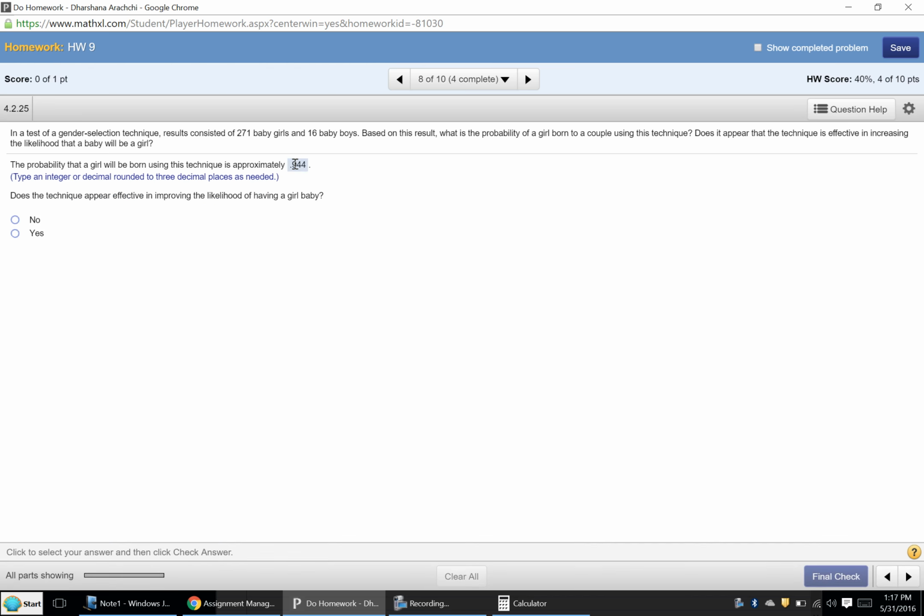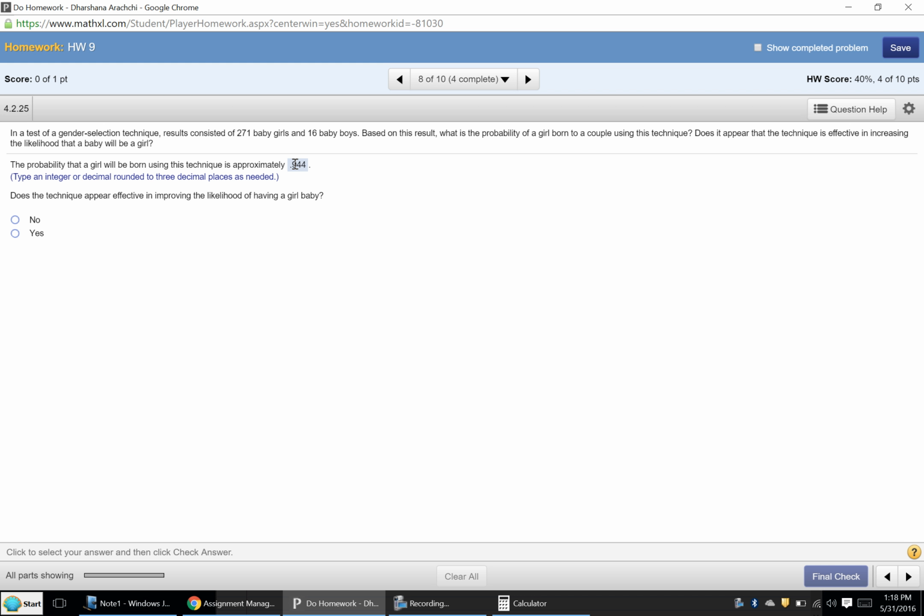Works. Does the technique appear effective in improving the likelihood of having a baby girl? 0.944. What do you think? If a couple undergoes this technique and wishes to have a baby girl, there's almost a 94% chance of seeing their baby as a baby girl.